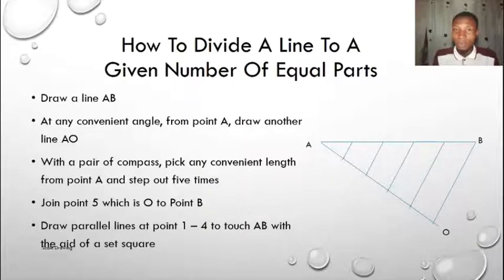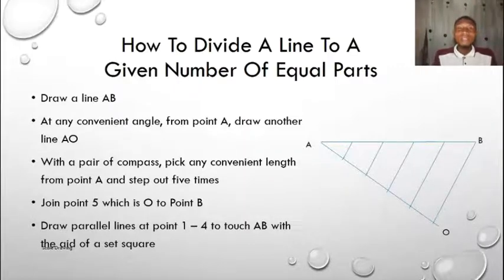The parts are not going to be equal. So if you want your parts equal, you have to be very careful when making the marks using the compass. Then you're going to get your line AB divided into equal parts.